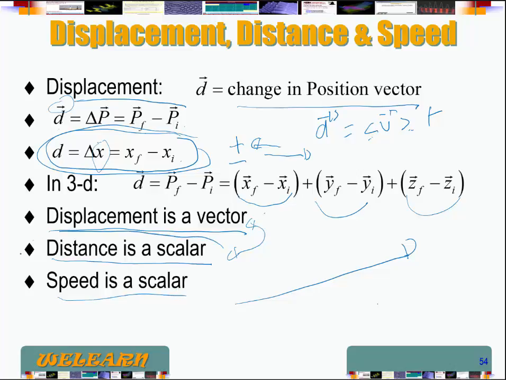Neither one of these are used often in making calculations. They might be a final result. You might be asked to find the distance traveled, but you are not going to use distance most probably in the calculation. You'll be using positions and displacements.